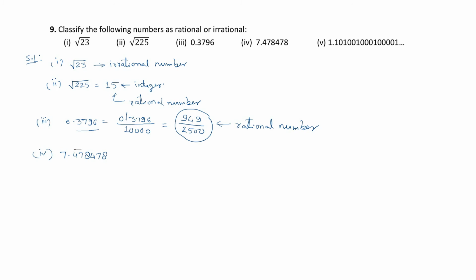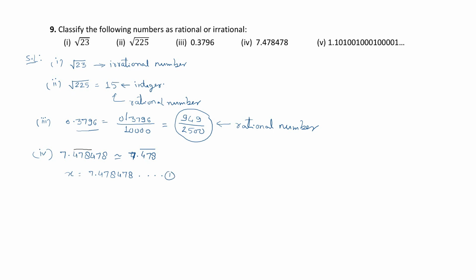These 3 digits are repeating, right? So we can say this is equivalent to 7.478 repeating, because this is making a repeating block. Let's consider it as x. So x equal to 7.478478 and so on. This is equation number 1.